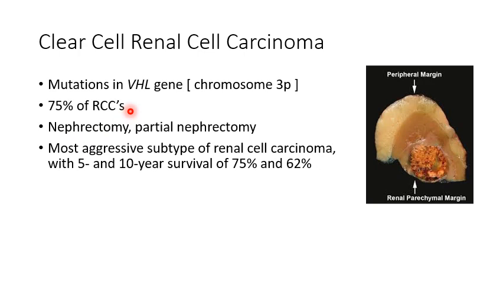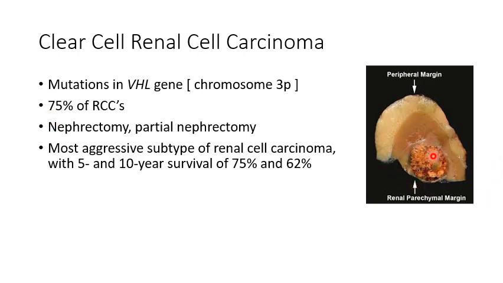So we've come to understand that clear cell renal cell carcinoma has a specific genetic characteristic, and this is mutation in the von Hippel-Lindau gene on chromosome 3. So clear cell makes up about 3/4 of all the renal cell carcinomas, and the standard treatment is radical nephrectomy, removal of the kidney and adrenal and surrounding fat.